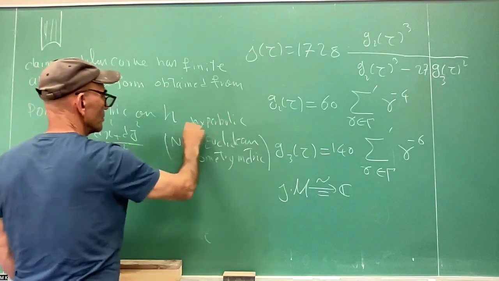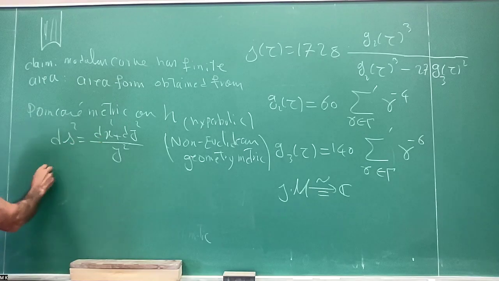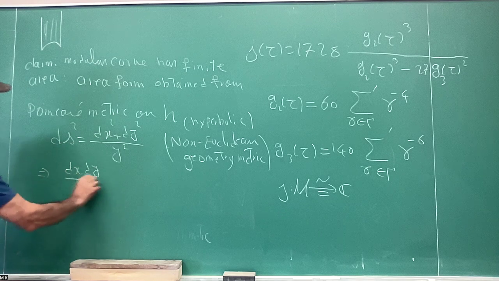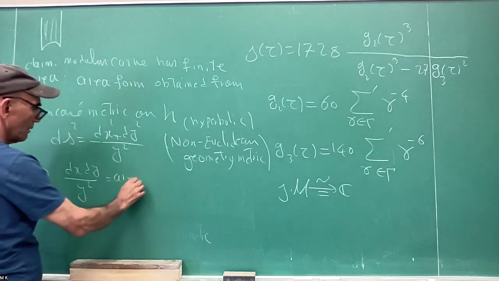Hyperbolic geometry metric. And from here, you can construct the area form, which turns out to be dx dy over y squared. That's the area form.